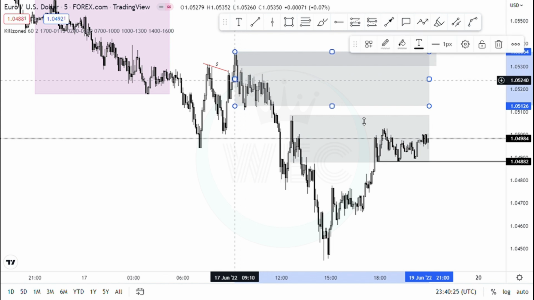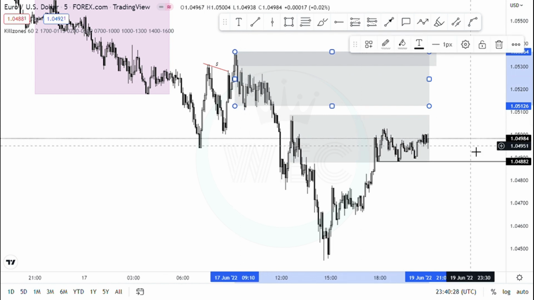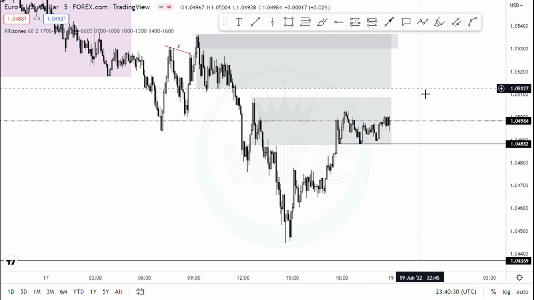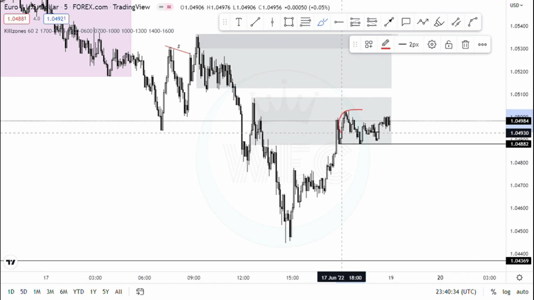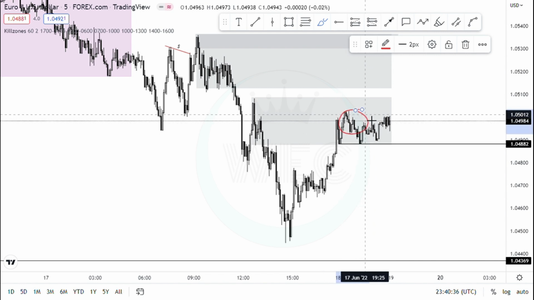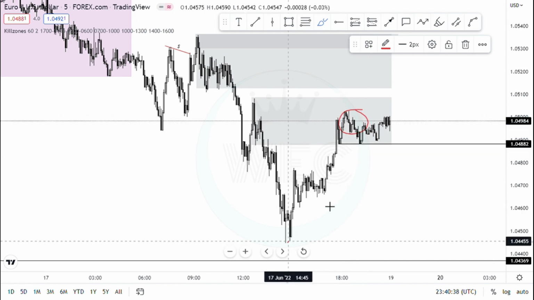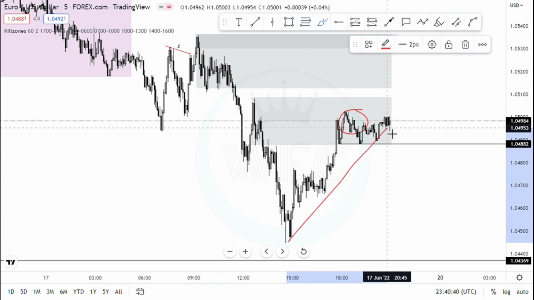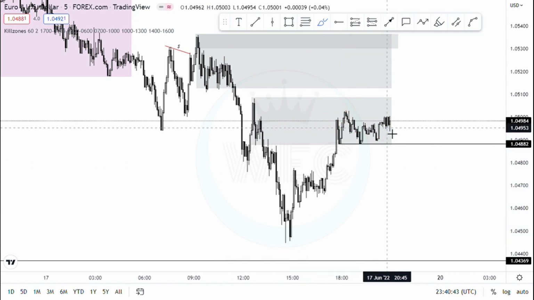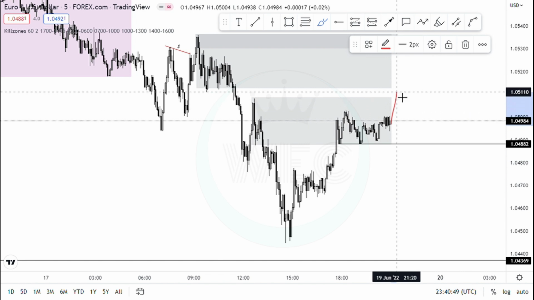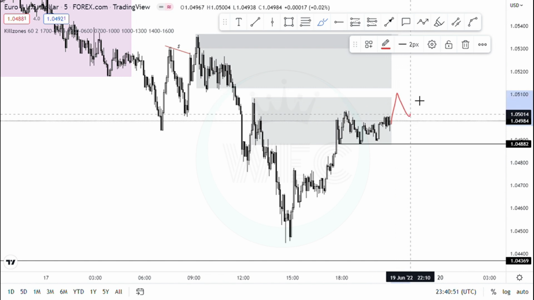Currently we can see that 15 minutes is bearish and price is within the 15-minute supply zone. But 5 minutes is still bullish, continuing with the bullish momentum. So we need to watch that. Let's see how market is going to open. Let's see if market opens and gives us that push to the upside, making higher highs and higher lows.